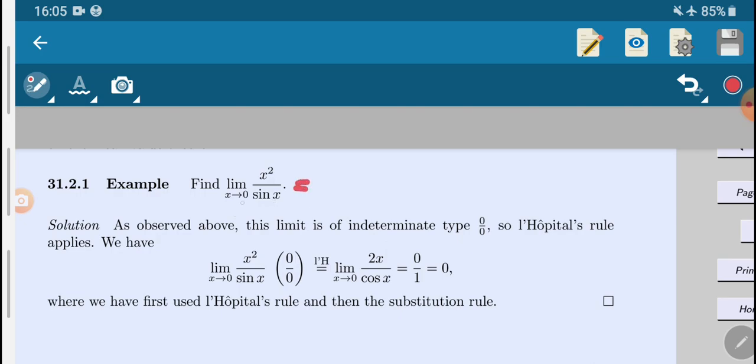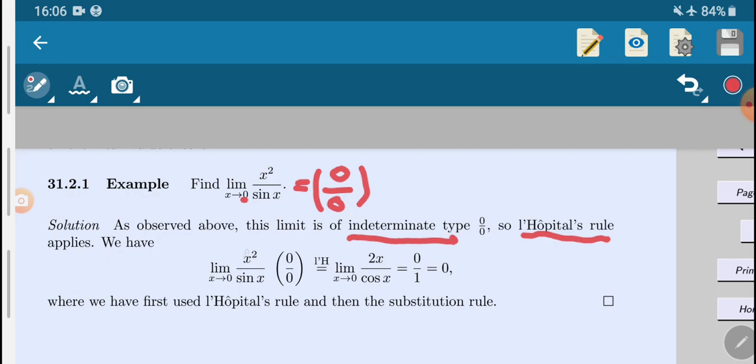After replacing x by 0, it becomes 0, and sine 0 equals 0. 0 over 0 is indeterminate type. So we can use another rule. Let's use the L'Hopital rule, because it's very easy and sufficient to determine this limit instead of the original ways.